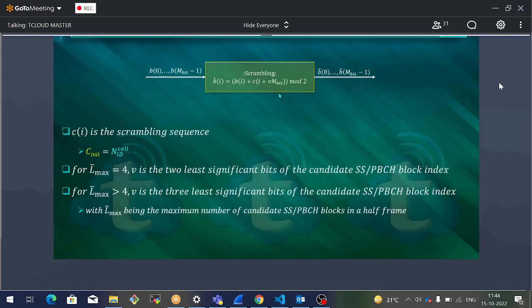So you have to do a circular rotation. After you go to the last available size, it will come back to 0 once more, because we are using a modulo operation. Okay. So the data is scrambled by using this scrambling sequence. Second time scrambling is occurring.